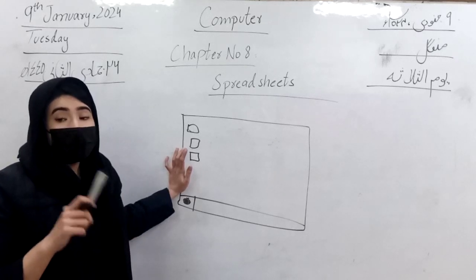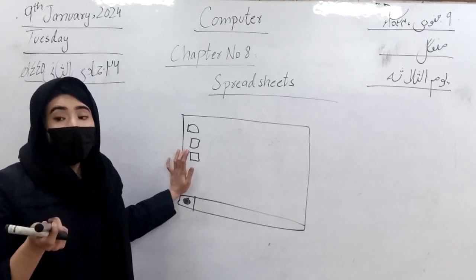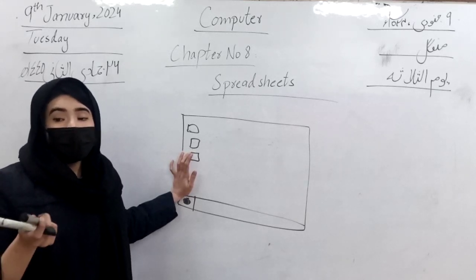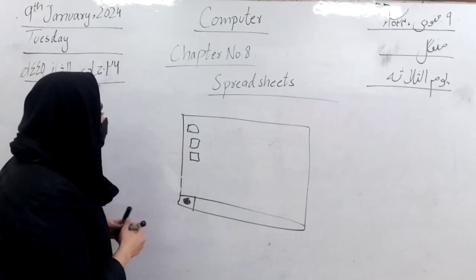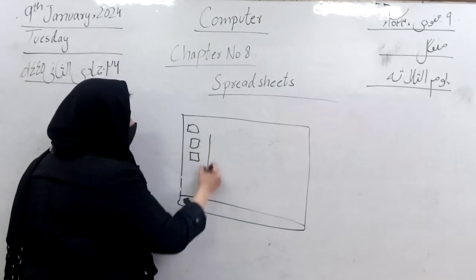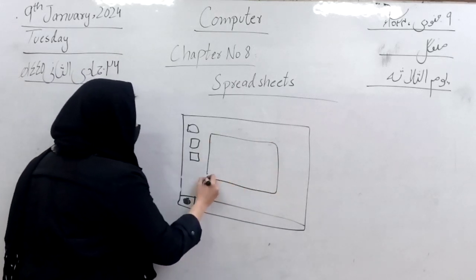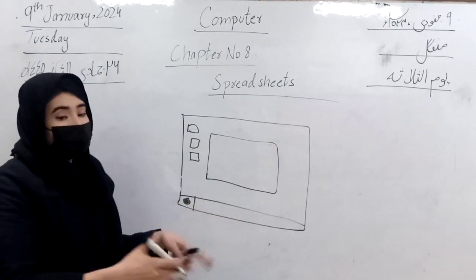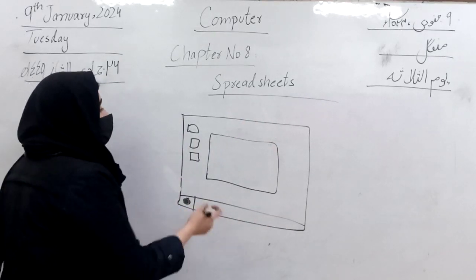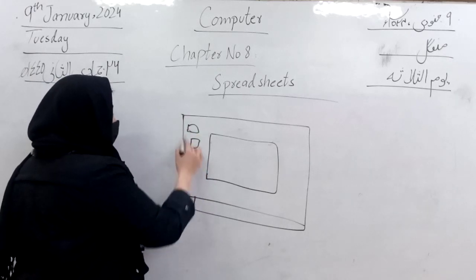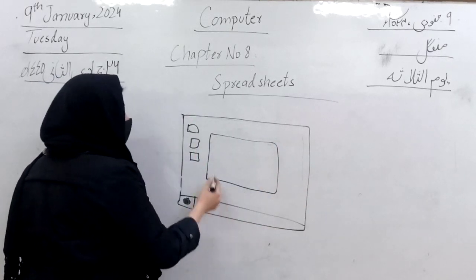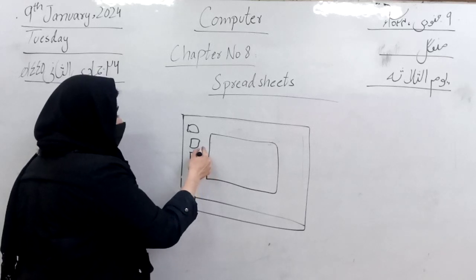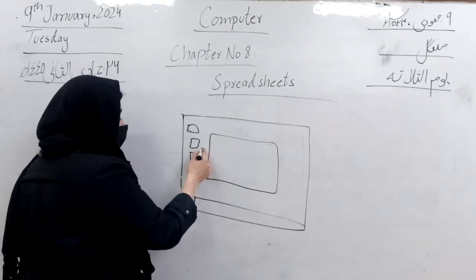Then after opening Microsoft Excel, we click on Blank Document. Very good. Then when we open Microsoft Excel, there is also a screen which covers the whole screen. I just made it for your knowledge. So it also covers the full screen of your monitor, but this is your active screen.